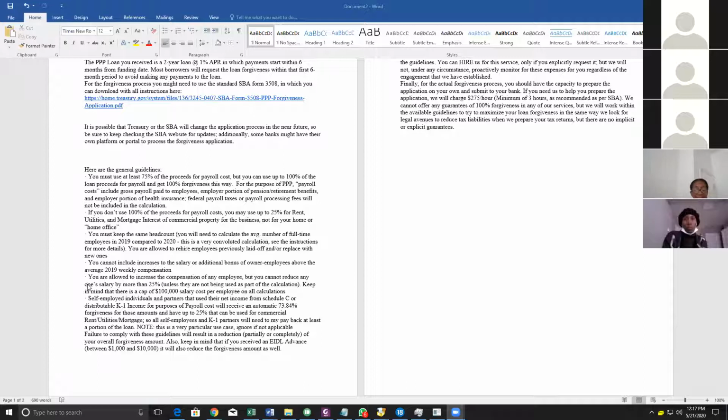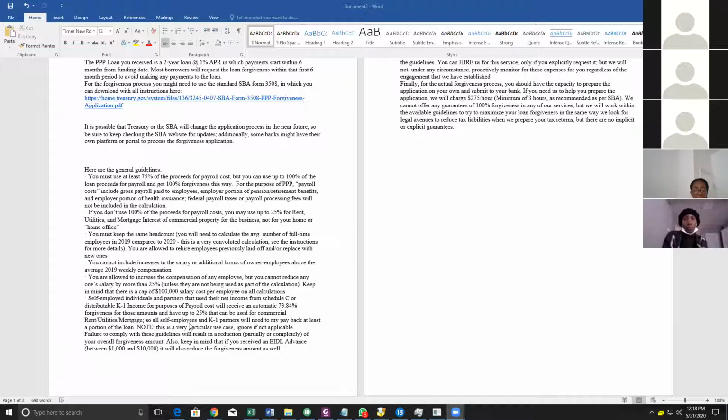Self-employed individuals. That is most people on this call. So self-employed individuals and partners that use their net income from Schedule C or K1 for purposes of payroll costs will receive an automatic 73.84% forgiveness for those amounts and have up to 25% that can be used for commercial rent, utilities, mortgage.